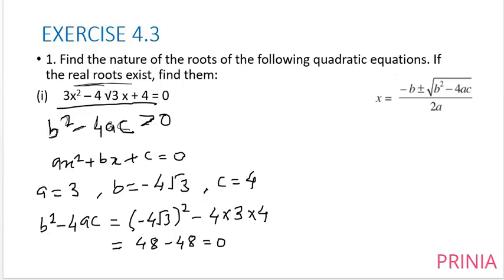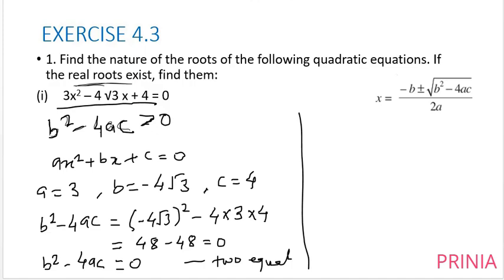We already saw that if b square minus 4ac is equal to 0, then we have two equal real roots. That means the roots can be written as x equal to minus b by 2a, since the root term is 0.